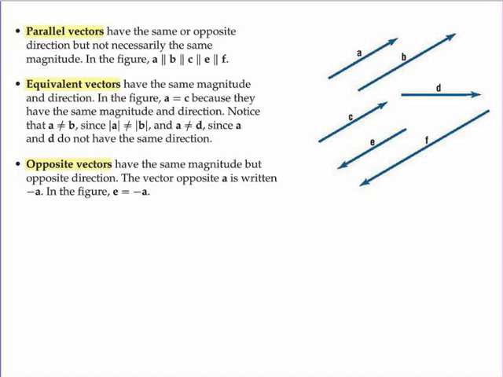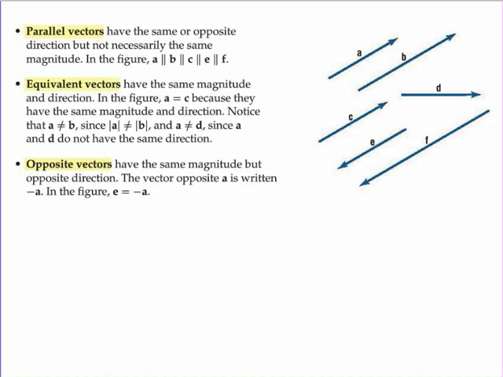All right, opposite vectors. They have the same magnitude, so they're the same length, but they're in an opposite direction. An example of that would be E and A. Also, would there be 2 other opposite vectors? There's 2 more. Would B and F?